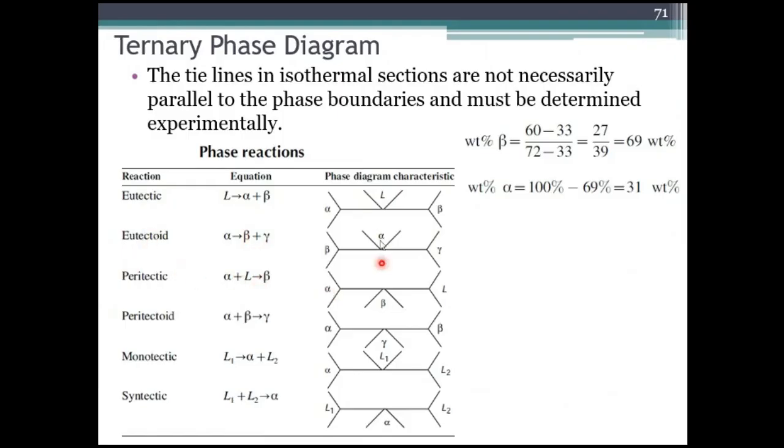Similarly, in peritectic, liquid plus alpha yields beta; in peritectoid, alpha plus beta yields gamma. In monotectic, L1 yields alpha plus L2. So this is the phase diagram characteristic for each reaction and the corresponding phase reaction characteristics.